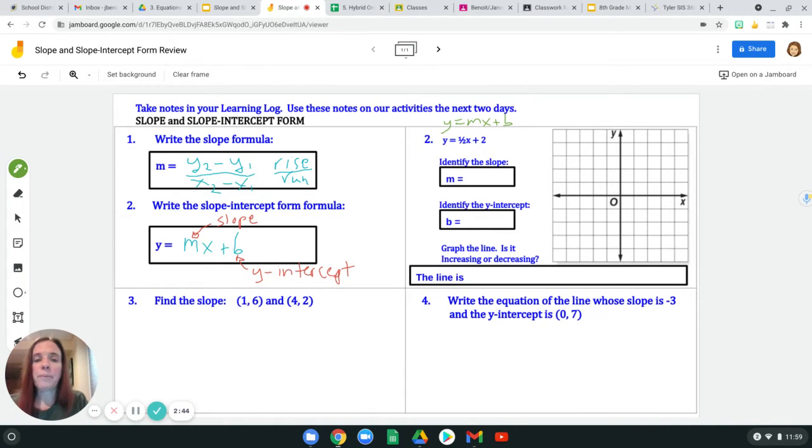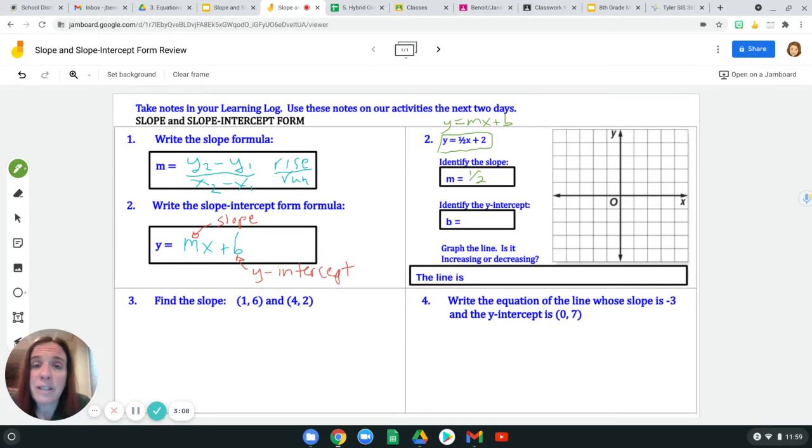We know slope is m. So in this equation, where is the m? Take a minute to think about it. M is attached to the x. It's the coefficient of x. It is our rise over our run. So m is 1/2. Do not write the x.